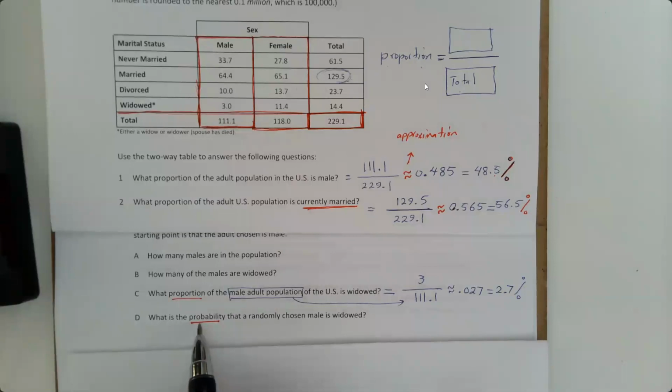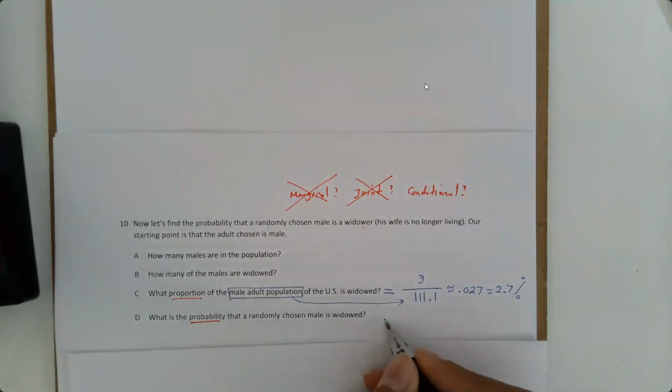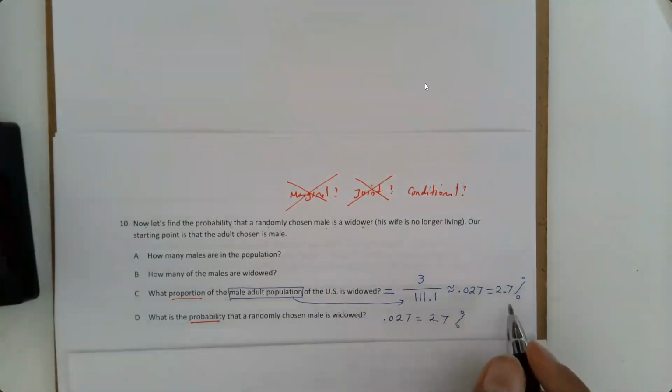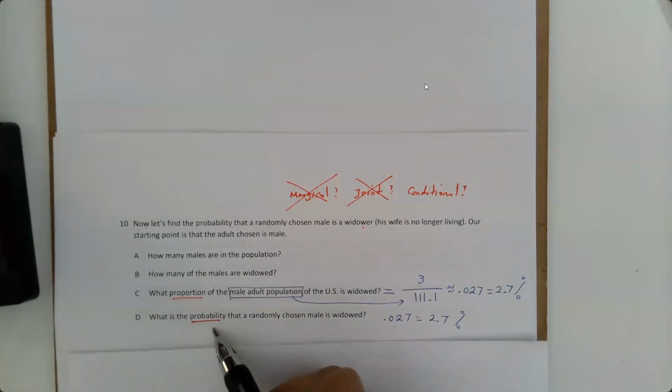And we know that probability and proportion are the same. So it's going to be 0.027 or 2.7%. We just copy down the number that we calculated in part C for part D. Proportion and probability are the same thing.